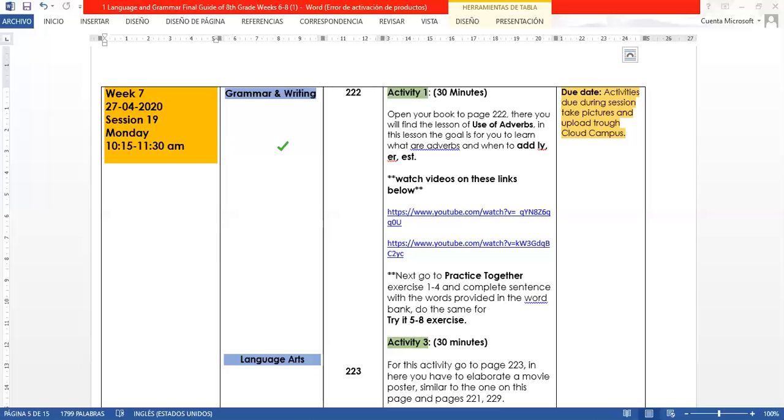In parentheses it gives us the word how, a reference, like how is she yelling? She is yelling loudly. Here we see the ly that is added to the word loud.